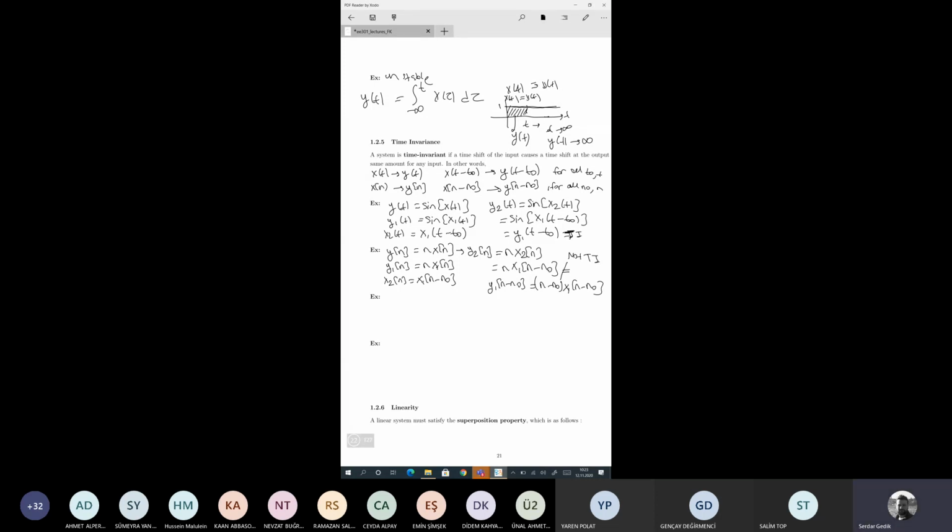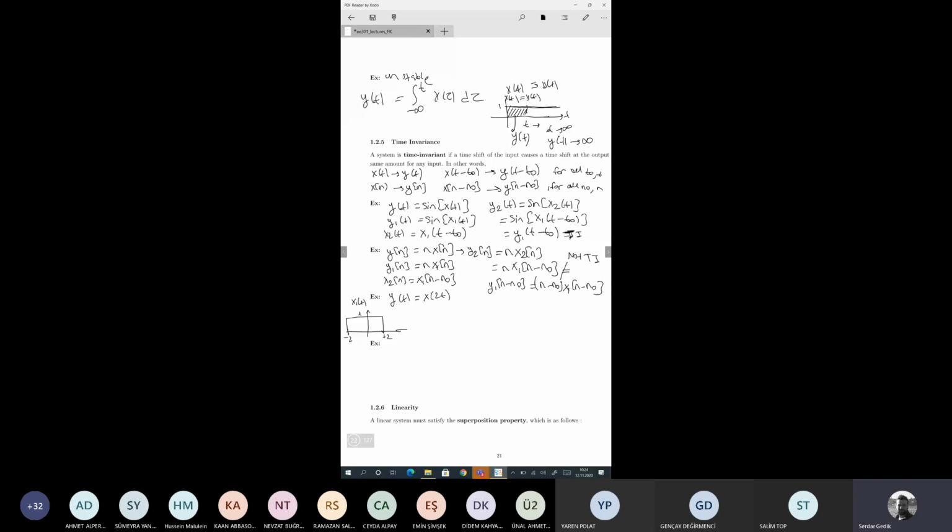As another example, let's say I have y of t, which is defined as x of 2t. I will show that this is not time invariant by a counterexample. Let's assume this is my x1 of t. It is 1 from -1 to +1.